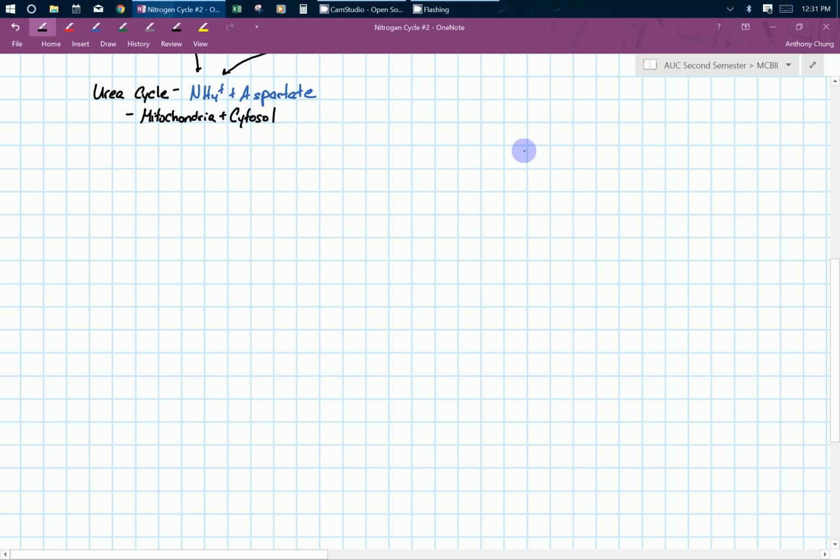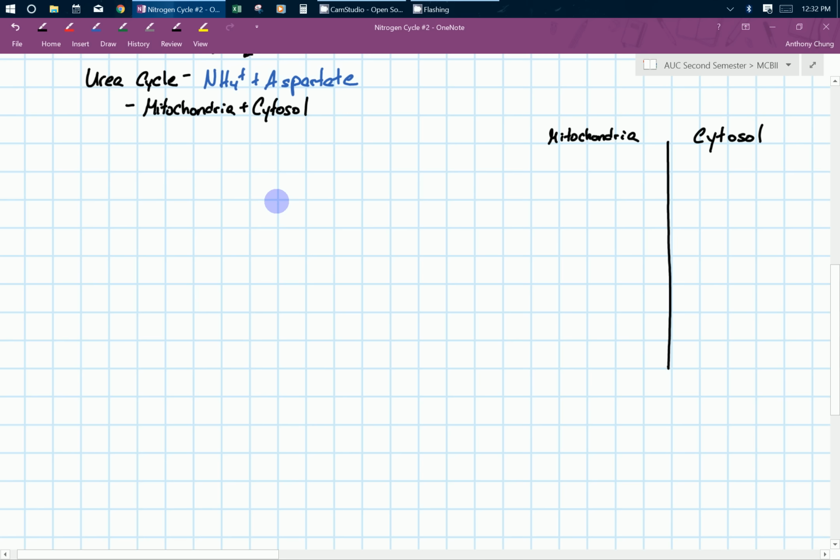So I'm going to just put a little wall over here, and I'll say that everything on the left is the mitochondria, and everything in the cytosol is going to be on the right. So the urea cycle invariably starts from the mitochondria. And what we're going to start off with is our ammonia.